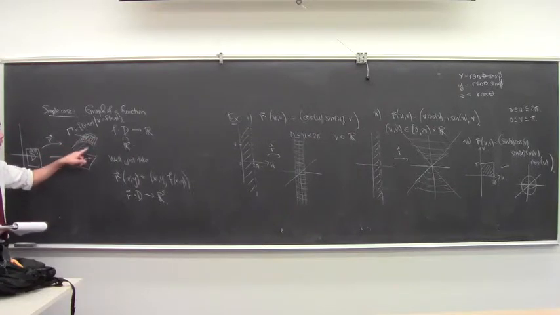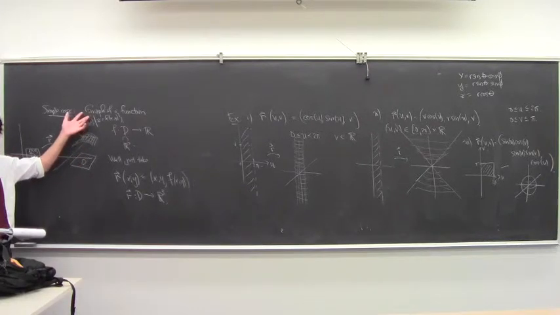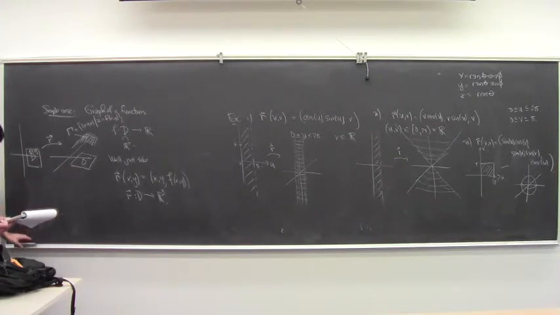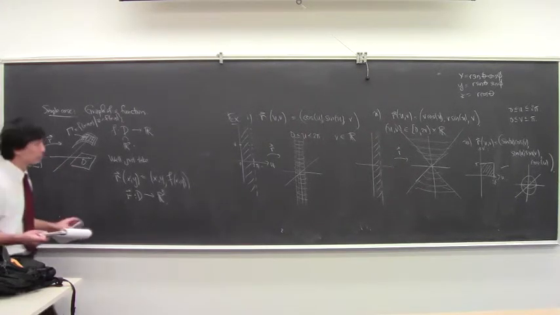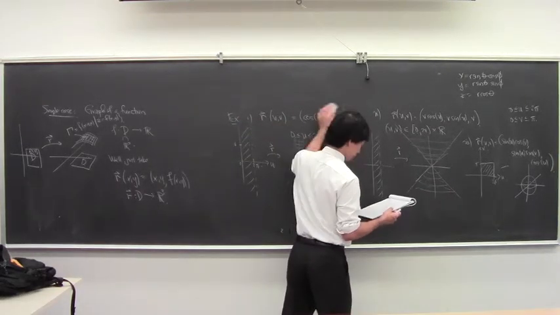That's the obvious thing to do, and that gives you a parameterization. So parameterizing the graph of a function is very easy. Some examples.